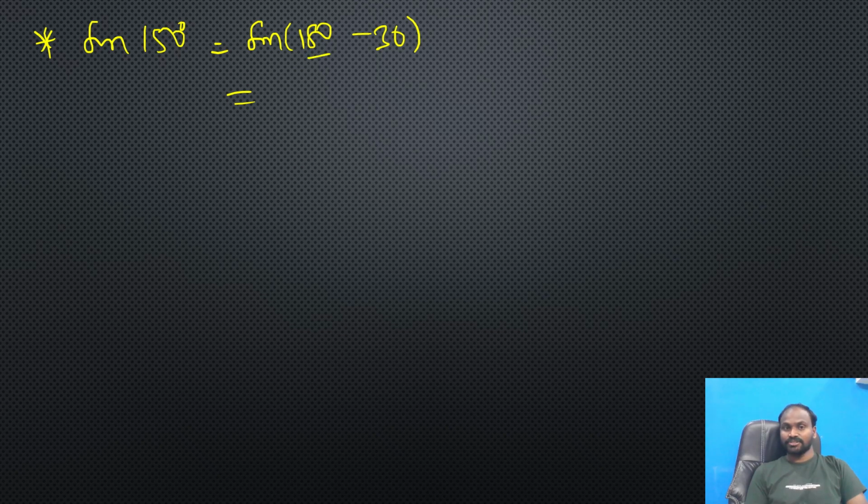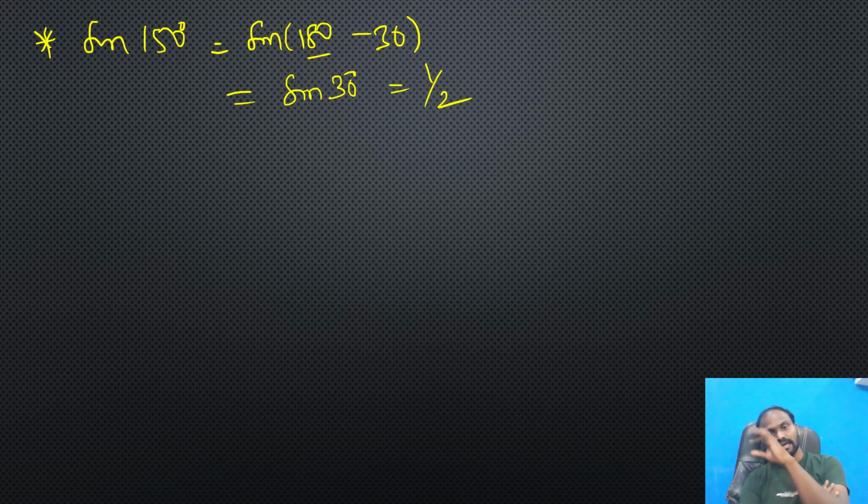For 180 there is no change, sine only, so sine 30, which is 1 by 2. Everything will be converted into an angle between 0 and 90, because those are the values we know. So try to convert whatever big angle is given in terms of 0 to 90 and give the value. To convert into 0 to 90, we have the signs of trigonometric ratios in different quadrants.